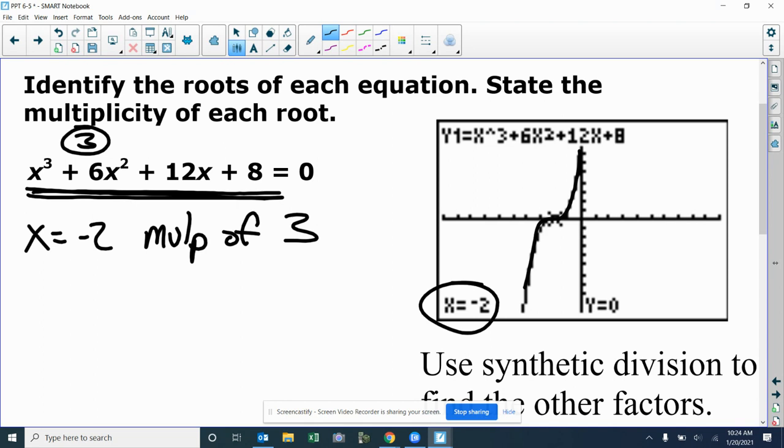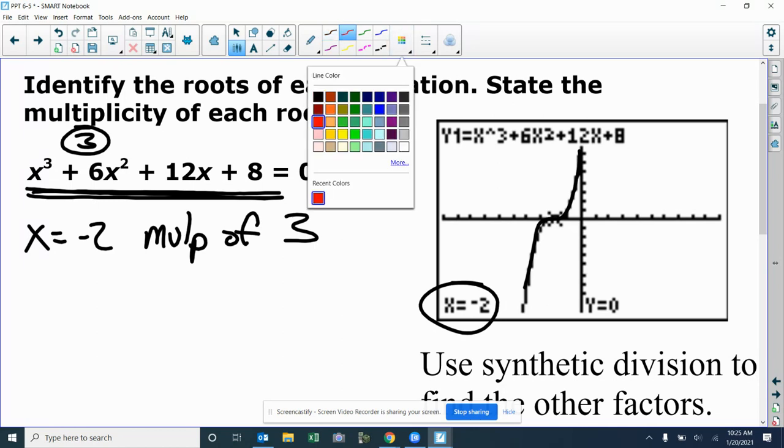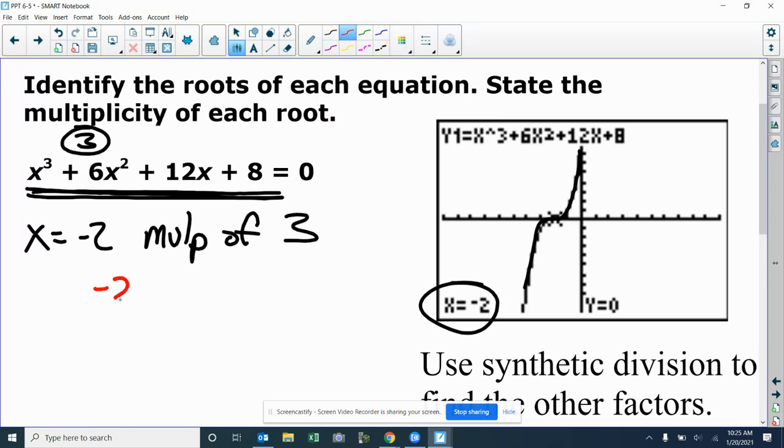Oh, that's all we have to do? Now, I don't know that for sure. How am I going to find out for sure? Well, I'm going to use synthetic substitution to figure it out. So, I think it's -2.